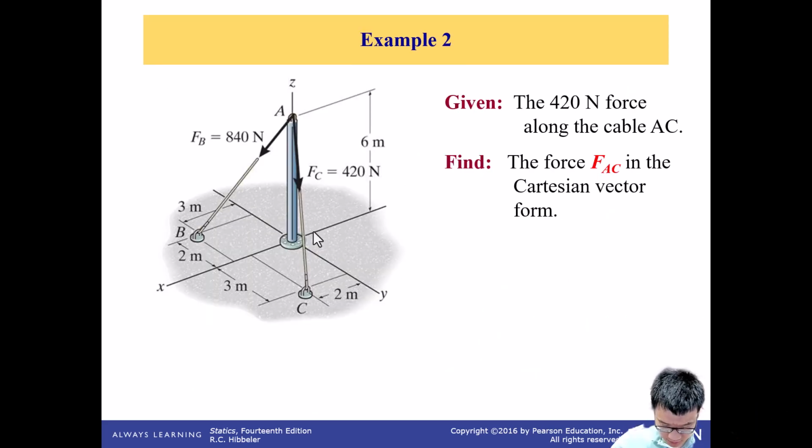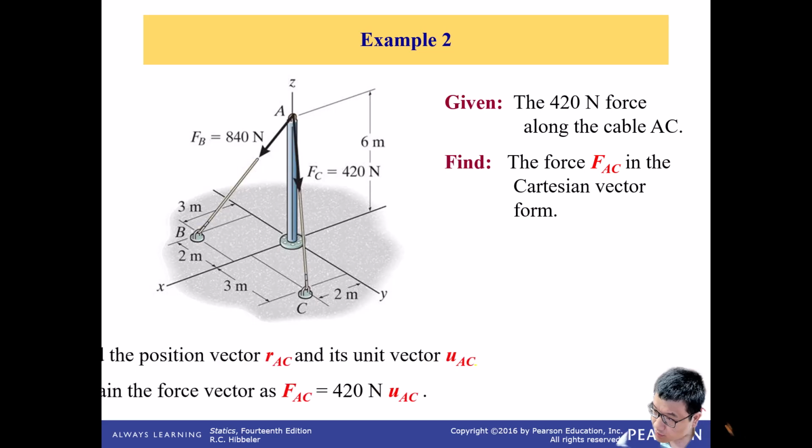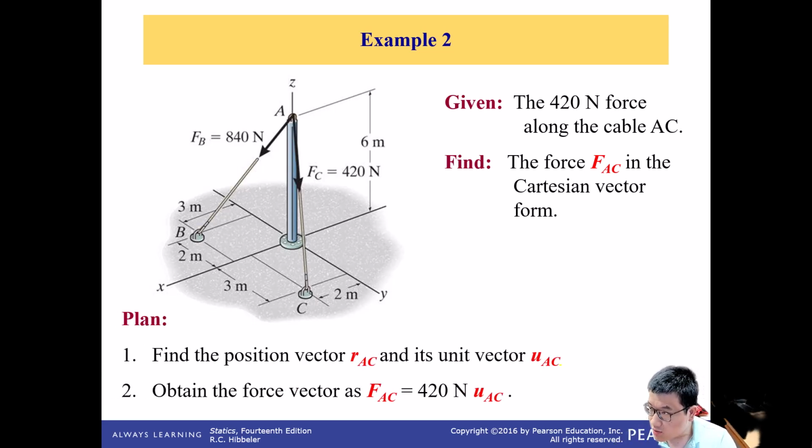So example 2, we have a force FC, which is along the cable AC. You are required to find the force FAC in Cartesian vector form. First, we find the position vector RAC and its unit vector UAC. Then you can obtain the force vector as FAC equals the magnitude of FC times the unit vector UAC.